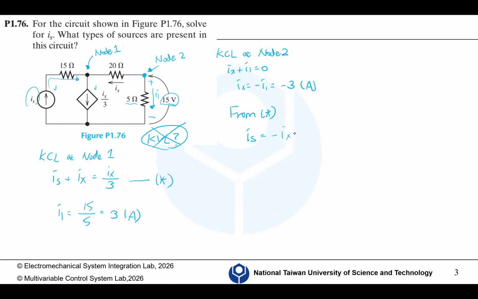From the bottom left corner, we have plus 10 I3. So, KVL for mesh 3.